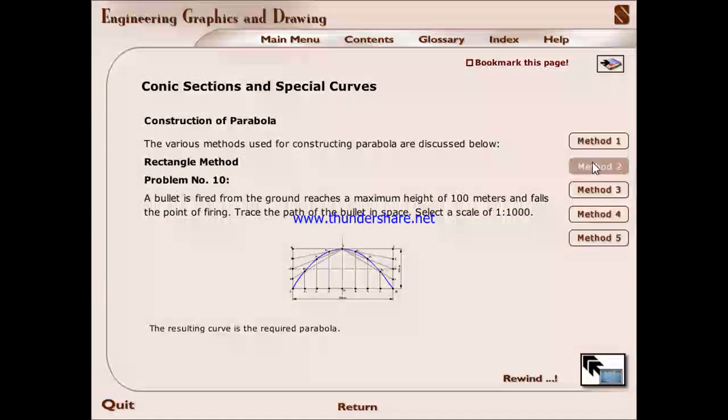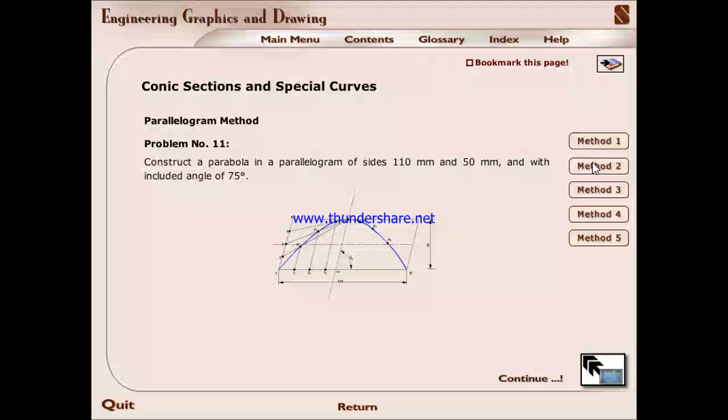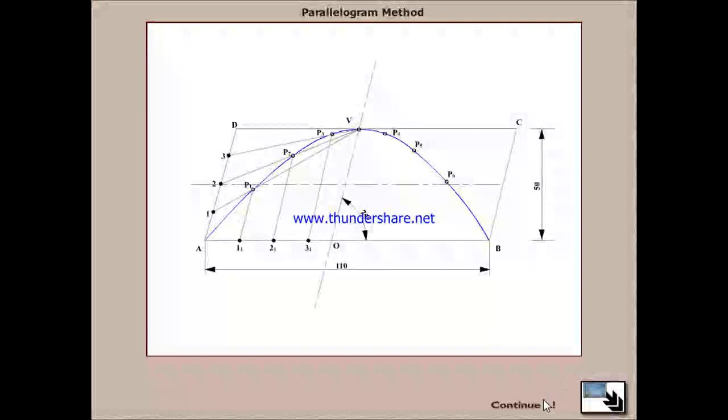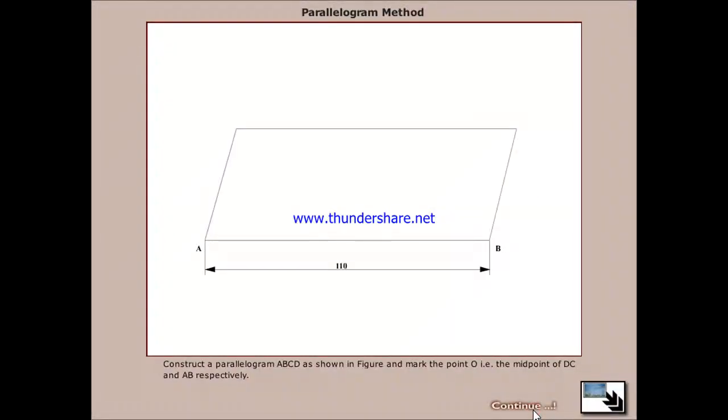Now the second method, that is the parallelogram method. As previously, let us construct the parallelogram ABCD shown in the figure and mark the points V and O, the midpoints of DC and AB respectively.